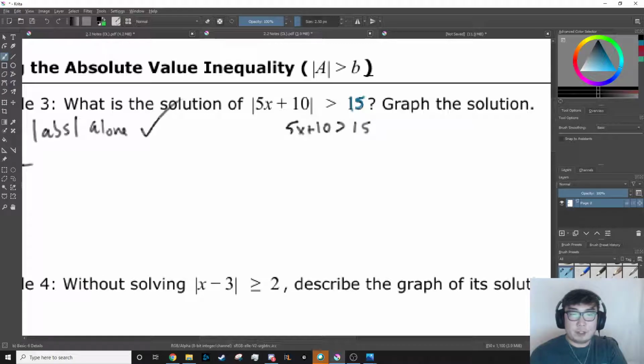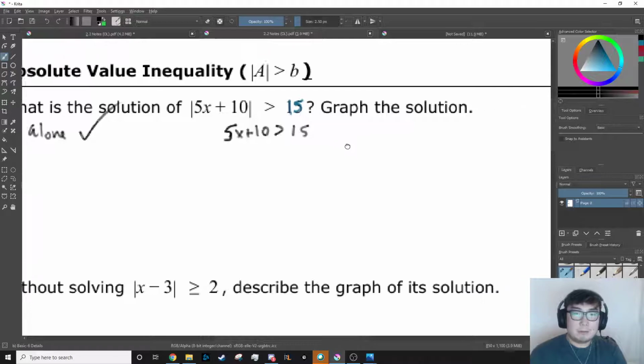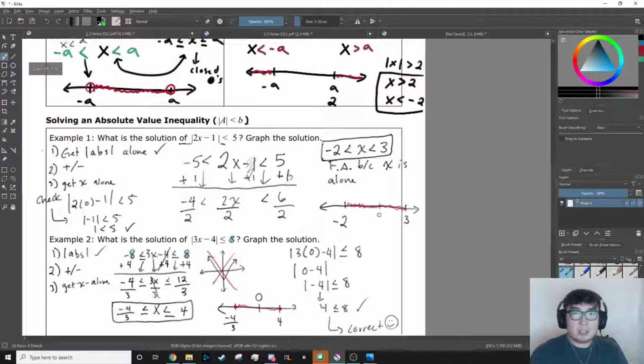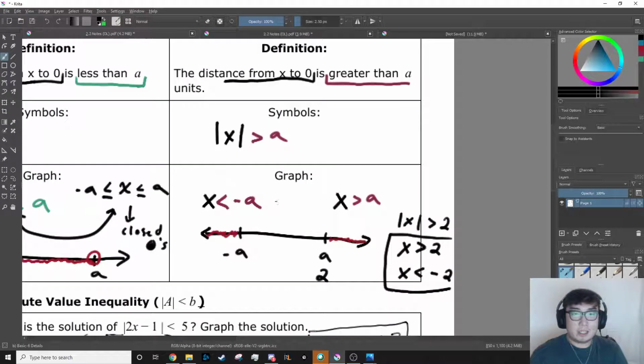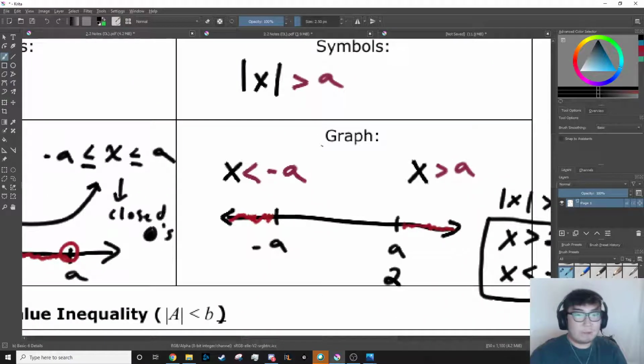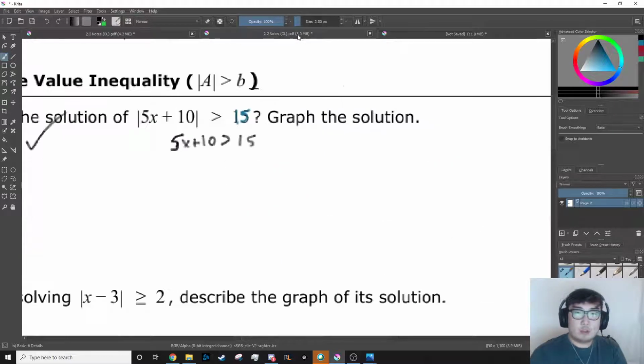I know for sure that this is the positive version. But when the absolute value of a number is greater than your number, the negative version, the inequality is going to face towards that negative version.